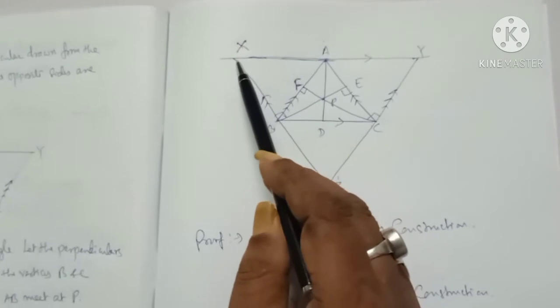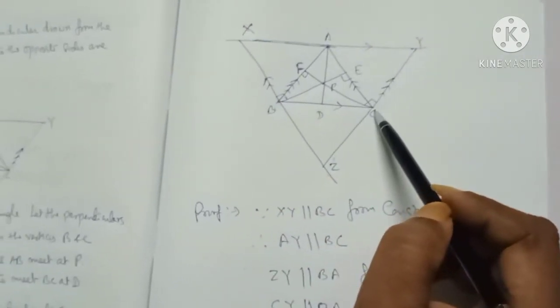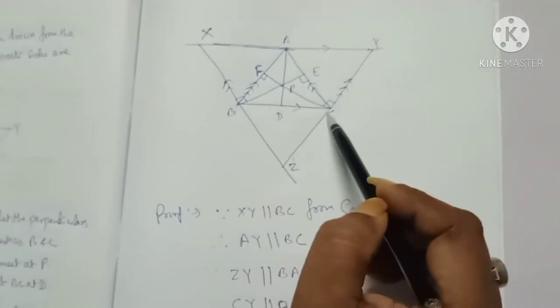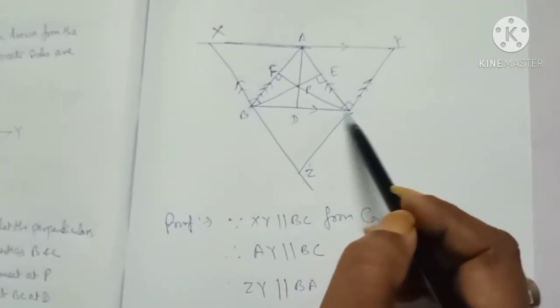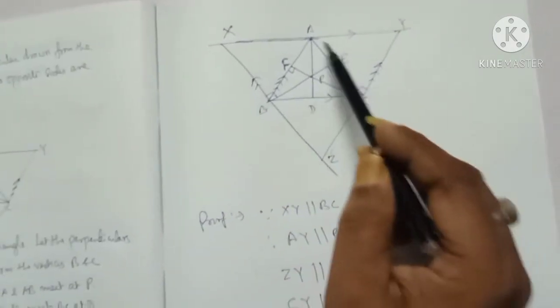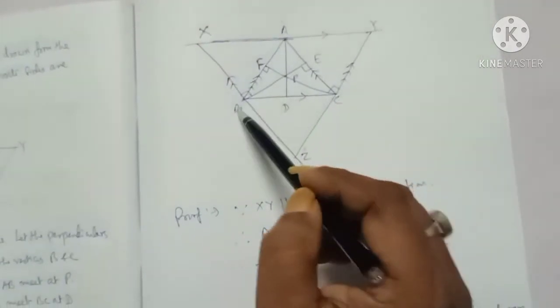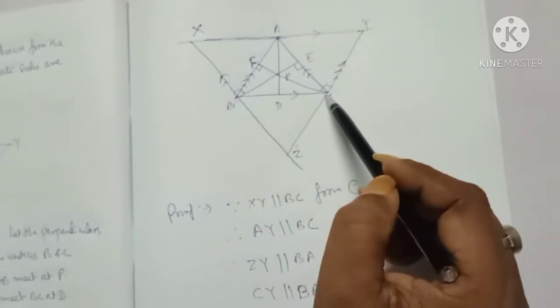Therefore AY is equal to BC because opposite sides of a parallelogram are equal. Similarly, XA is parallel to BC and XB is parallel to AC. Therefore, XACB is a parallelogram. So XA is equal to BC.